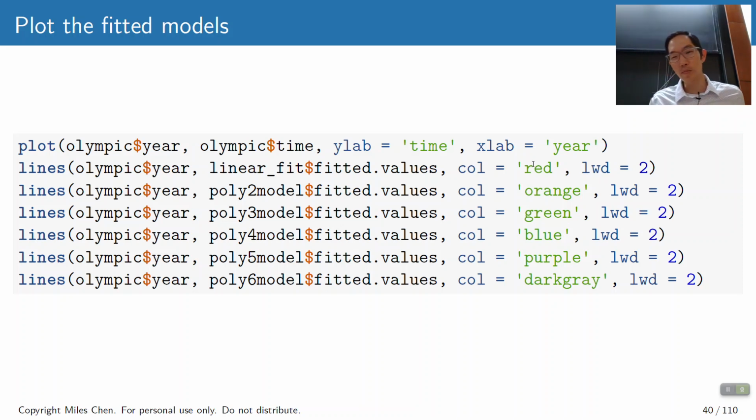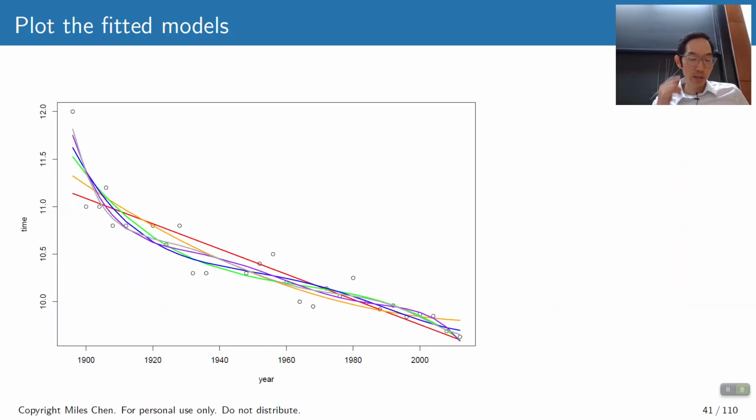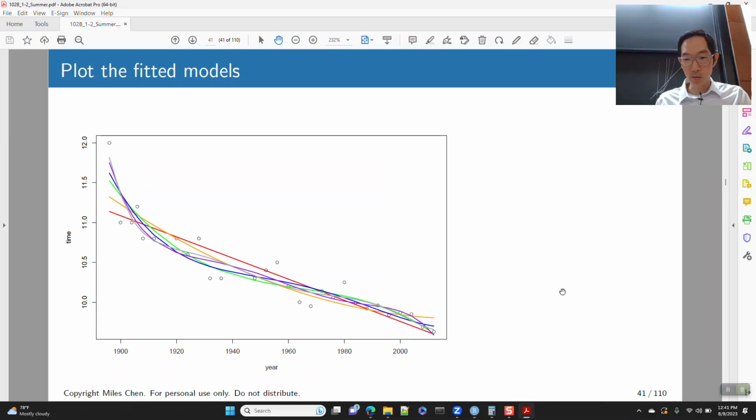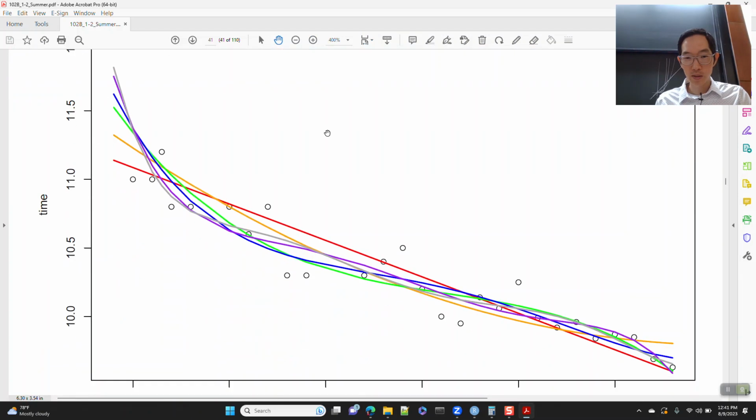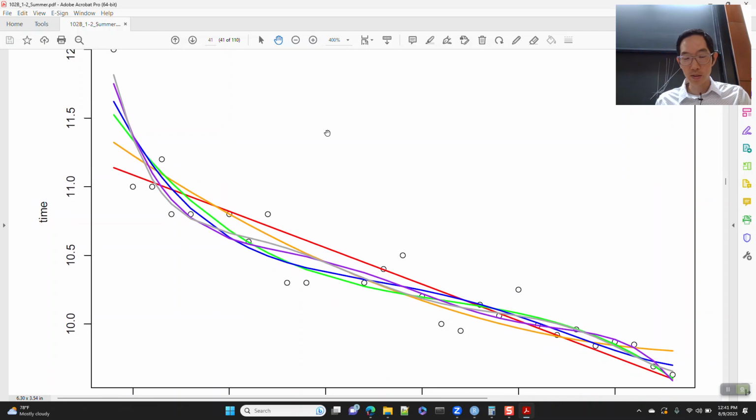And they're all going to be on the same plot, so I'm going to have a red, orange, green, blue, purple, and gray line. And this is what we have. Let me zoom in a little bit. Okay, and so, it's kind of cool.